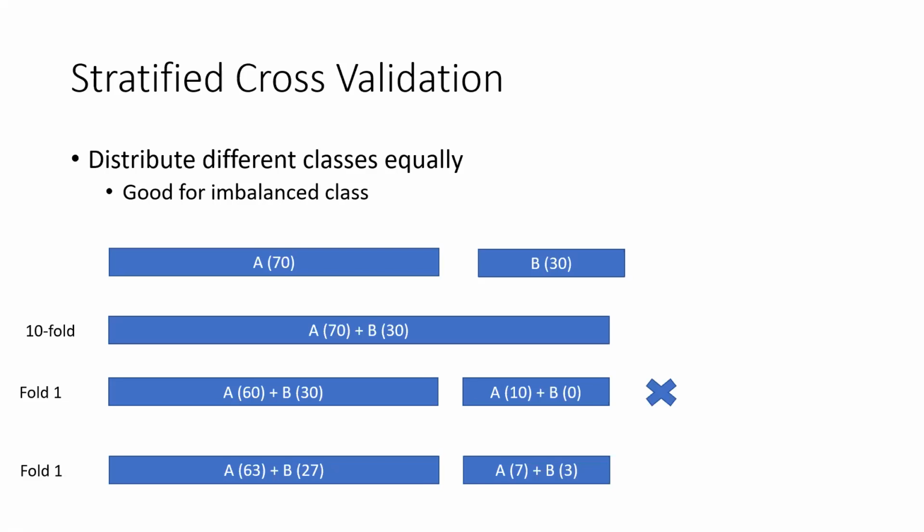That is the problem. You just want to be consistent across all the folds. So it is a good idea to stratify, especially if you have imbalanced classes. Most of these modern APIs have this facility, so you just choose some options, and it will do stratified cross validation for you.